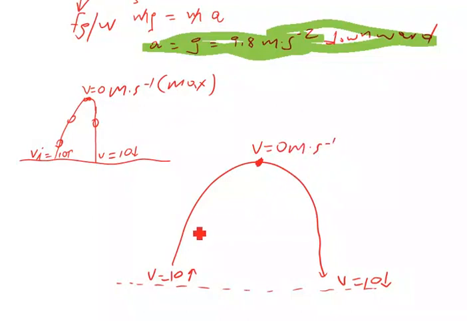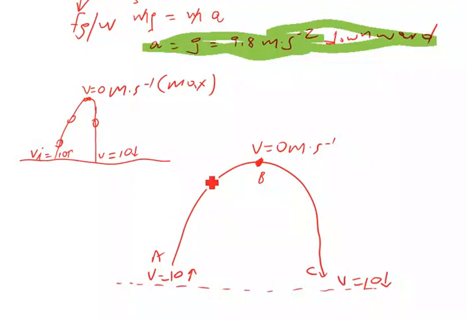Then if you can see in this path, let's say this is point A, this is point B, this is point C. In path AB, the speed changed from 10 to 0. From B to C it changed from 0 to 10, which means there is a rate of change in velocity, that is acceleration.